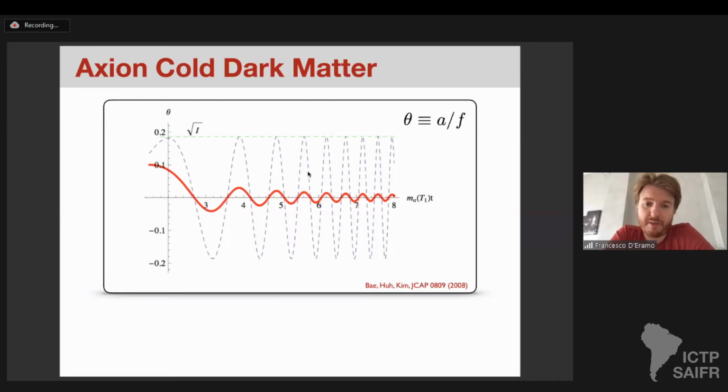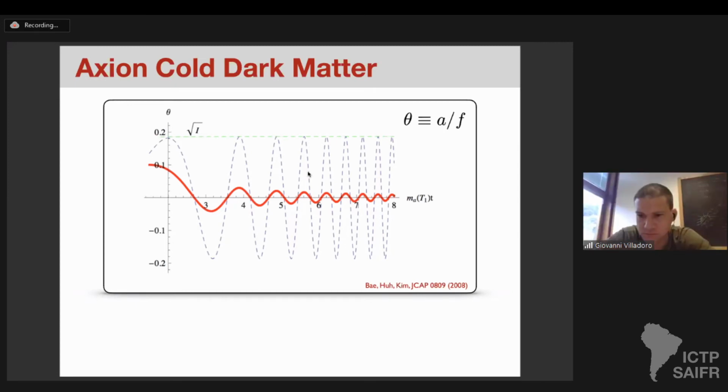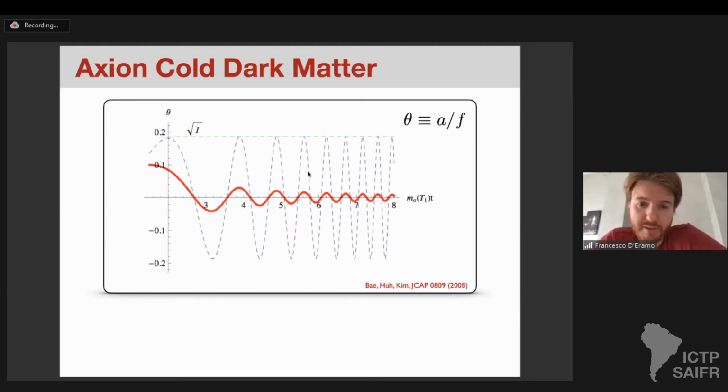Roughly speaking, without numerical factors, if F is larger than the Hubble parameter during inflation, then you are in the pre-inflationary case, otherwise you're in the post-inflationary case. And then there is another requirement about the reheating. You have to make sure that T_max, the maximum temperature attained during reheating, is not above F if you don't want to restore the Peccei-Quinn symmetry. So there is a set of conditions that you have to satisfy, and this is a comparison among different scales.